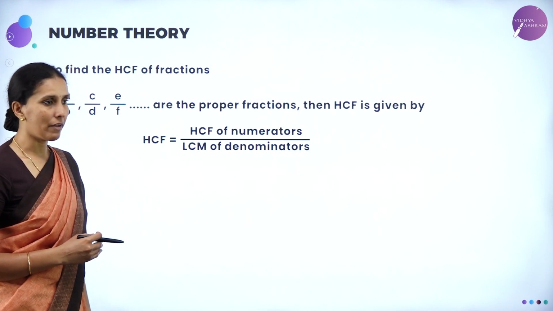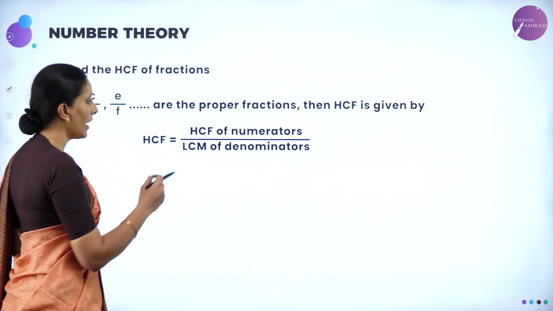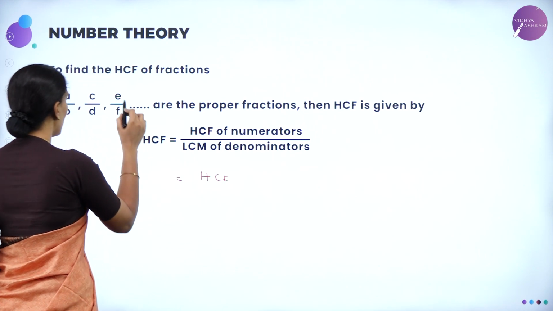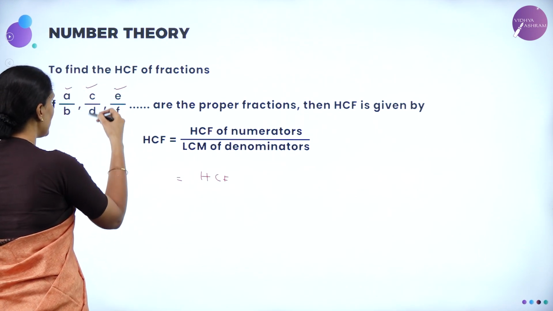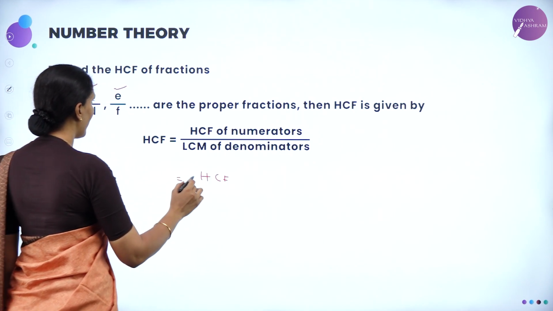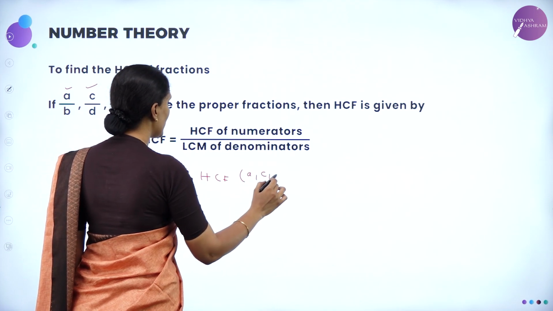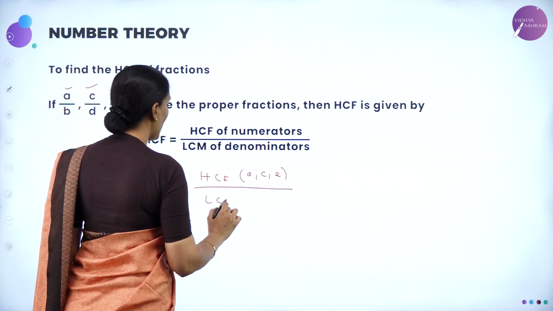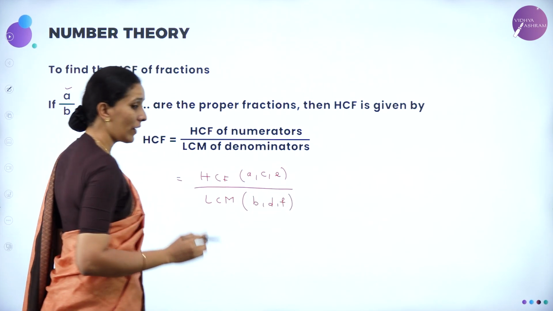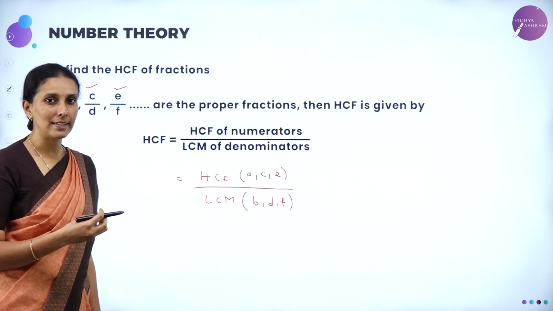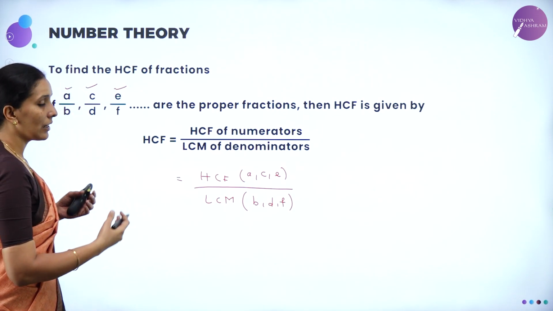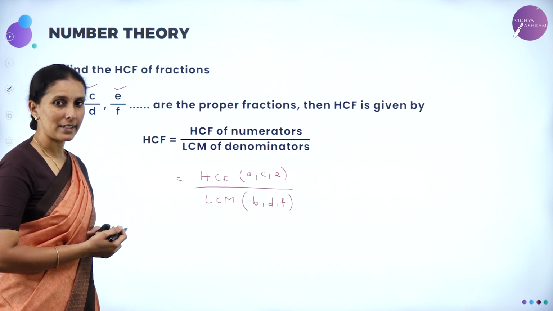Then the HCF is given by the HCF of numerators divided by the LCM of denominators. Suppose we consider only these three, A by B, C by D, E by F. Then the HCF of fractions can be calculated as HCF of A, C, E divided by LCM of B, D, F. We already have the knowledge of finding HCF and LCM from your lower classes, so we are just revising the concept of HCF and LCM once again.